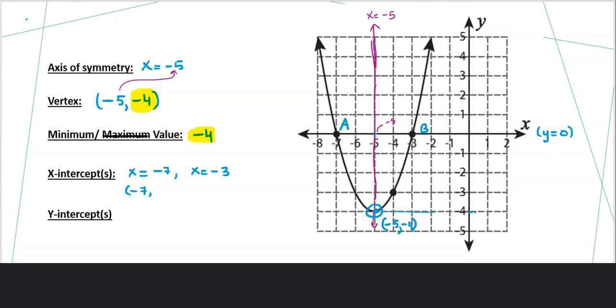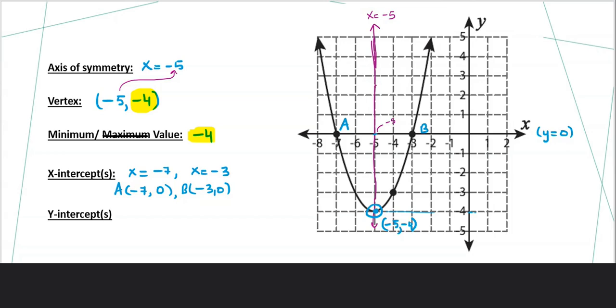It's always 0. So minus 7, comma 0 and minus 3, comma 0. So these are the points A and B. Okay, these are x-intercepts. You may find the x-intercepts written in different ways, depending upon the authors, who use different notation.